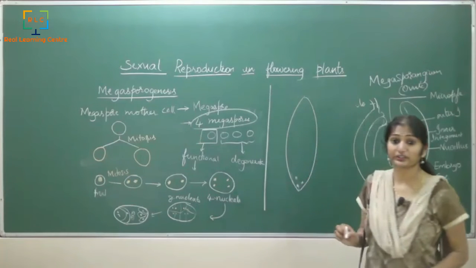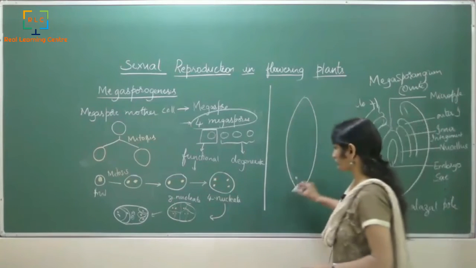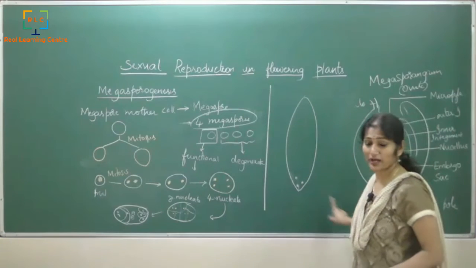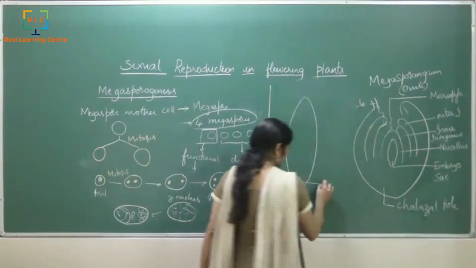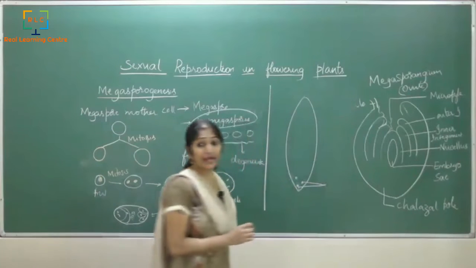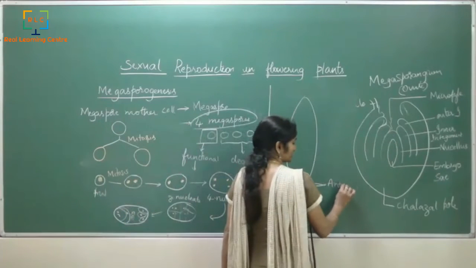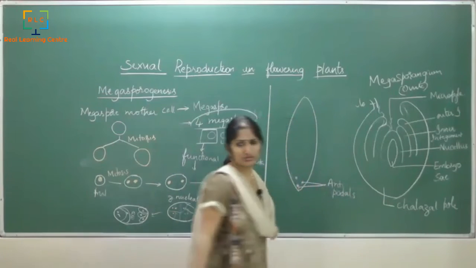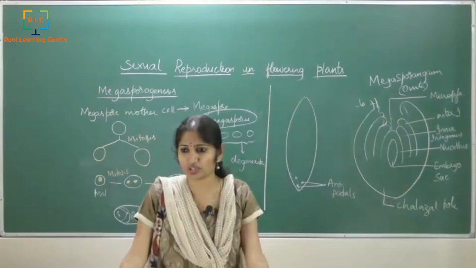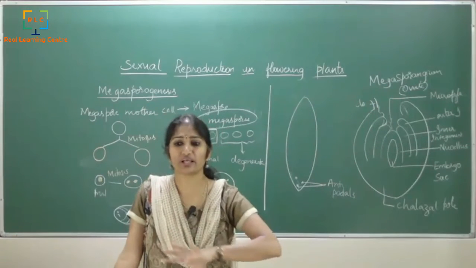There would be 3 nuclei which come to this part of our female gametophyte. We call these the antipodals. You know what is antipodal? Podal is something which helps to move, so this actually does not allow it to move.